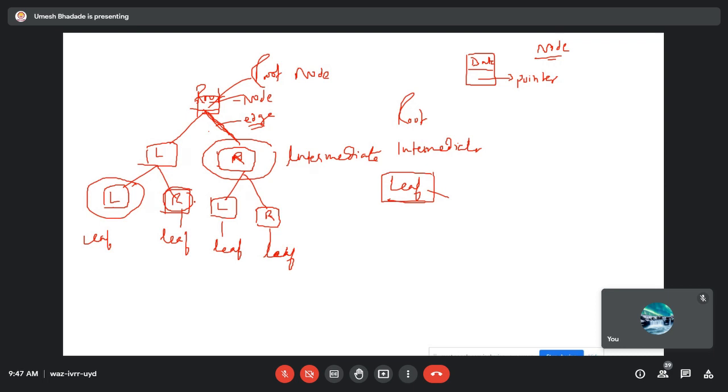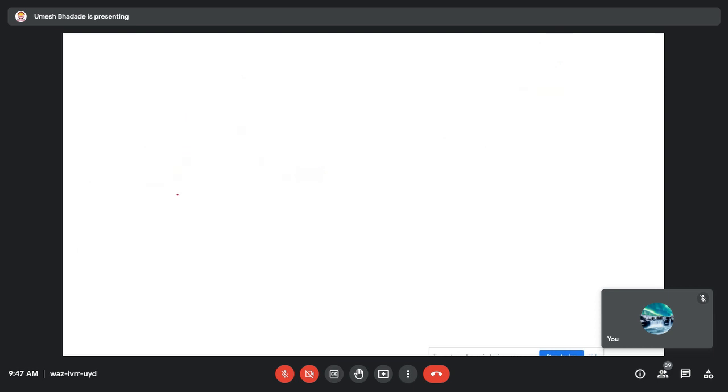So normally the trees we are going to study will be binary trees. What do you mean by the word binary? That in a tree, a node has at the most two nodes. You may have a tree like this also, having three nodes.